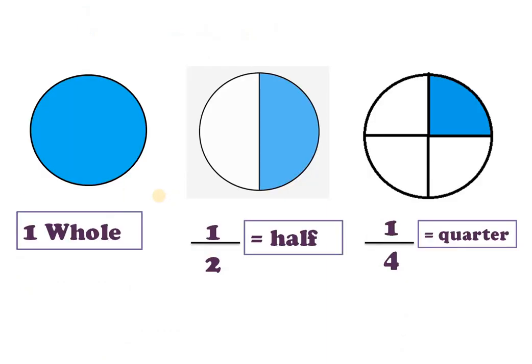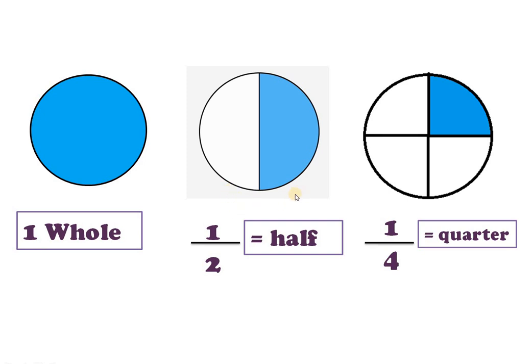Okay, let's read together the colored part in those shapes. The first one, all the circle is blue, and it doesn't have any parts. So we read it as 1 whole. Look at the second circle.